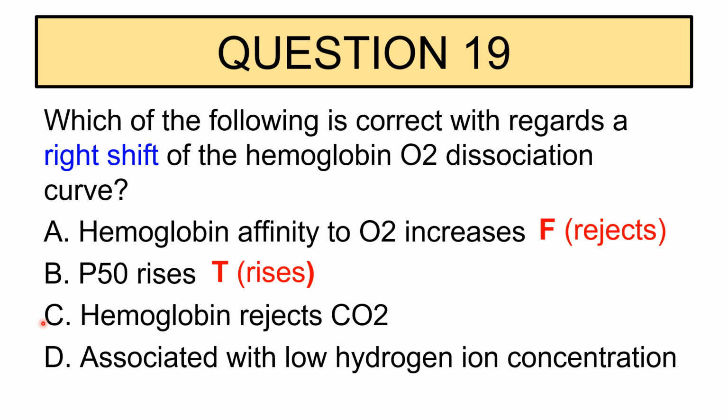Hemoglobin rejects O2, not CO2. Associated with a low hydrogen ion concentration? It is a rise in your 2,3-BPG which causes a right shift of your curve. So therefore, it is not a low hydrogen, but a high hydrogen that causes a right shift of the curve. So the correct answer is P50 rises.